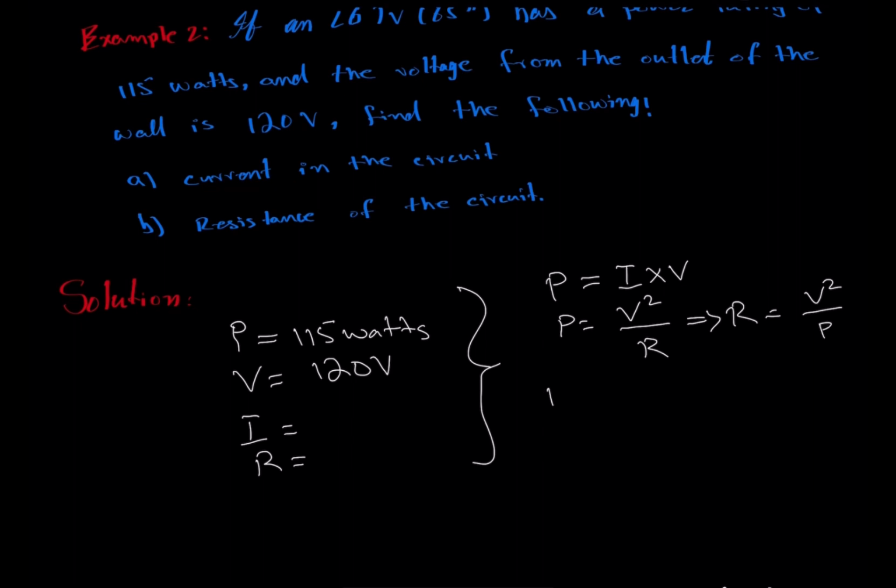So let's see, R is equal to resistance is equal to V squared.